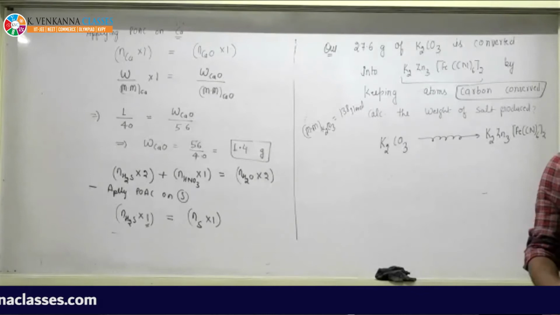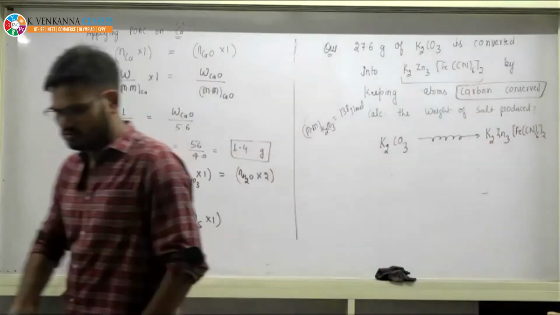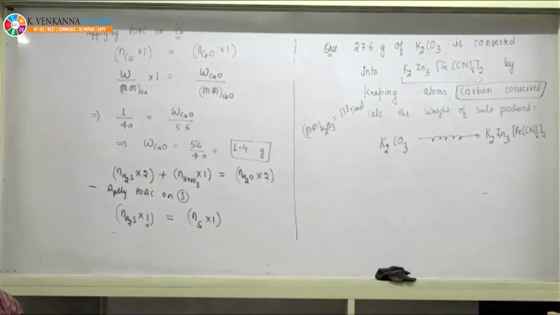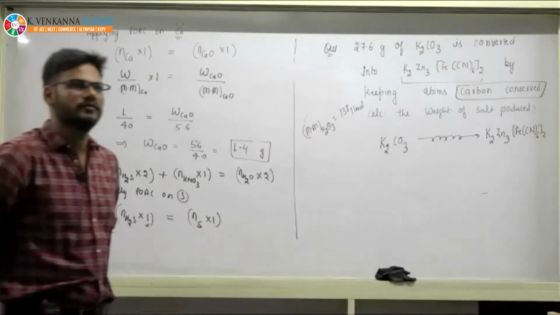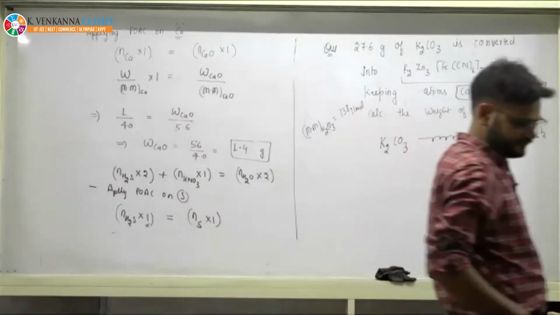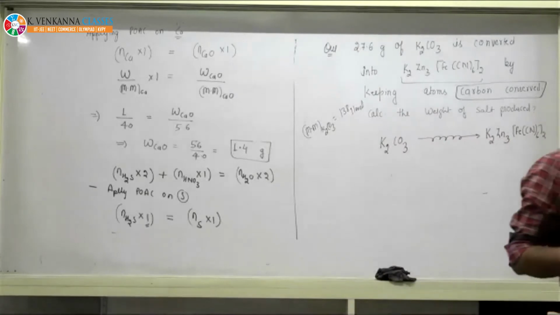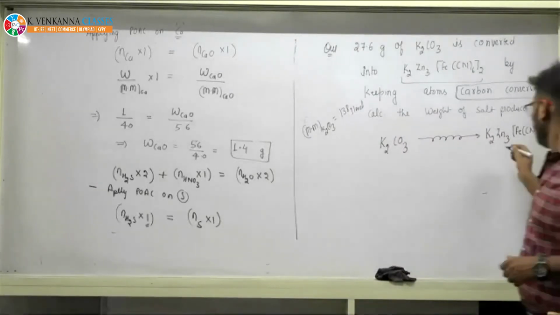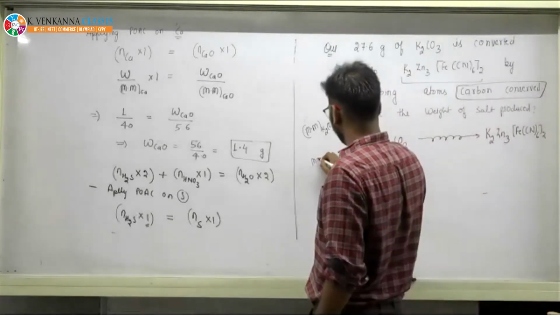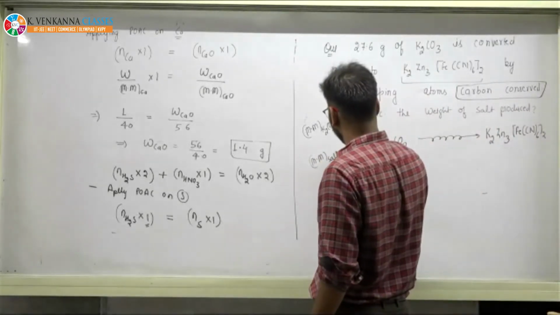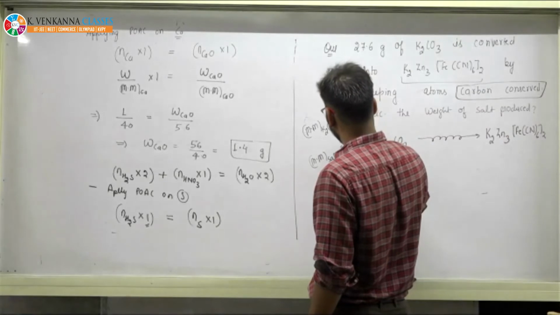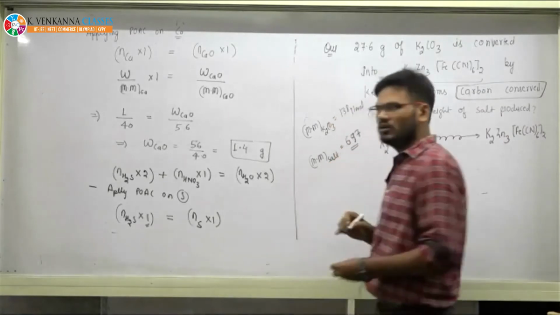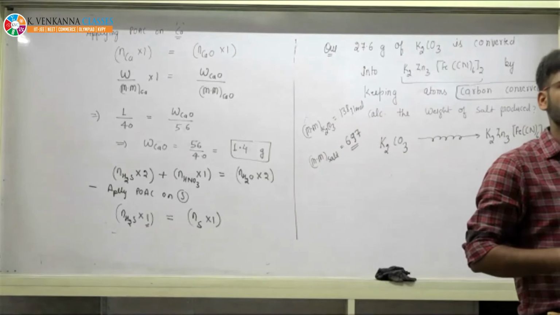I am waiting for your answers, beta. If you want my help, the molar mass of this salt is 697. You can easily calculate 697. Now please solve it.